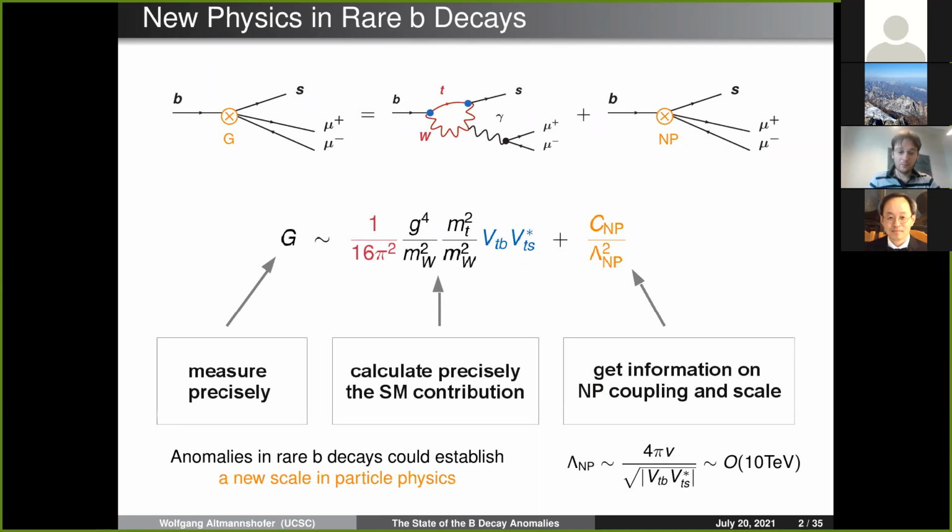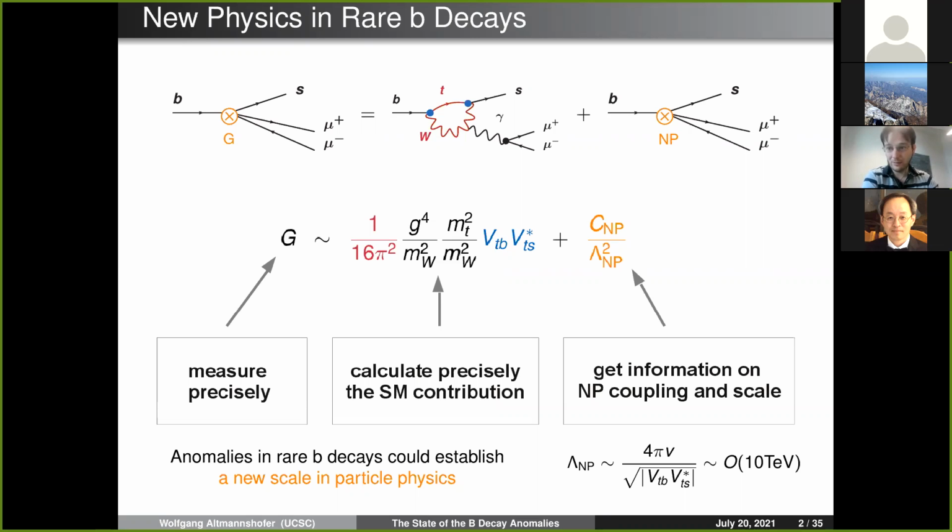And so if one has anomalies in these types of rare B decays, then one could establish a new scale in particle physics. If one assumes that there's an order 1 discrepancy between the measurement and the standard model prediction, the new physics scale that one can estimate, assuming that the new physics coupling is of order 1, is around 10 TeV or so, very, very roughly. And that is actually an interesting scale. On the one hand, it's not necessarily clear that such a scale would be directly probed at the LHC.